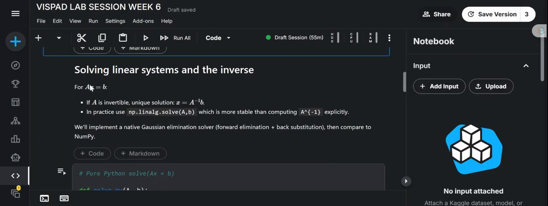If you want to find the x values, you can simply use the inverse method. How is this done? You have to eliminate A from both sides so that you can leave x standing alone. How would that be done? By multiplying both sides of the equation by A inverse.